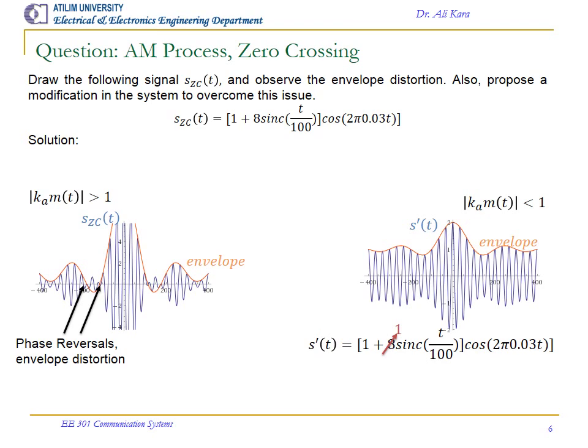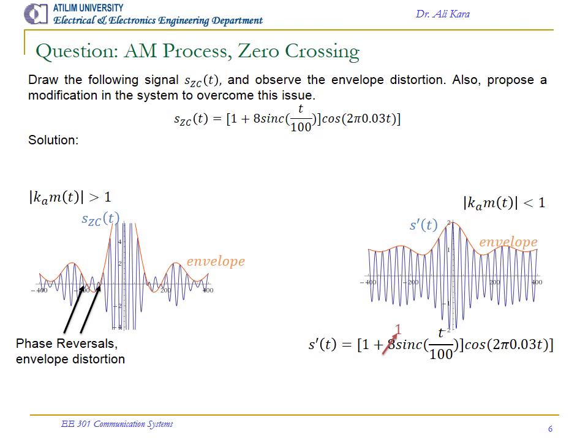Solution: one of the conditions for the transmitted signal s of t to have the perfect envelope of the message signal m of t is that k_a times m of t in absolute value is smaller than 1 for all t. In other words, 1 plus k_a times m of t never crosses 0. If that happens, envelope distortion occurs. It is also called overmodulation.